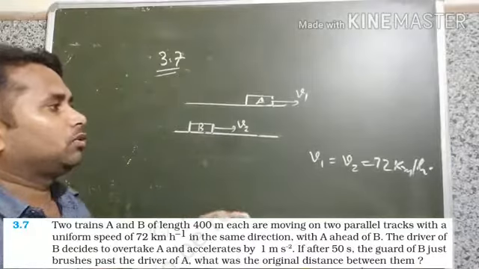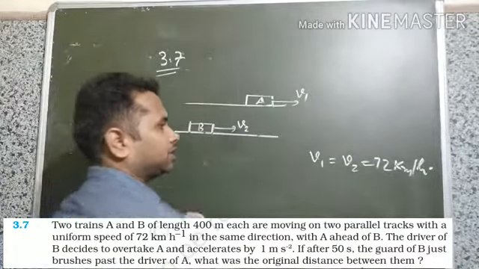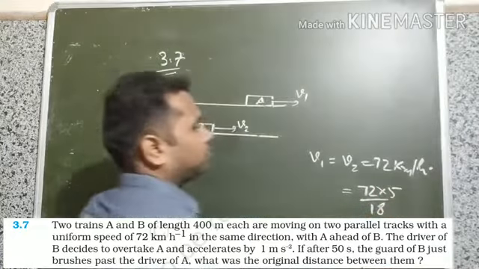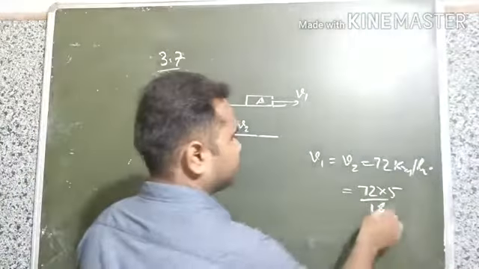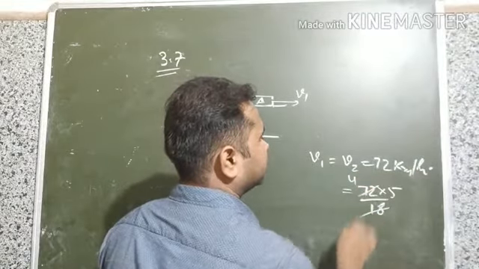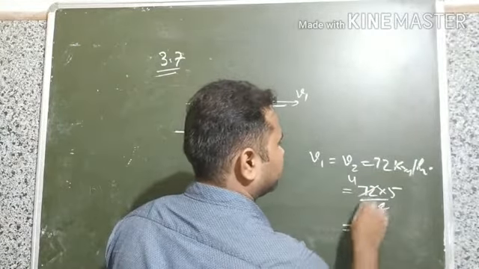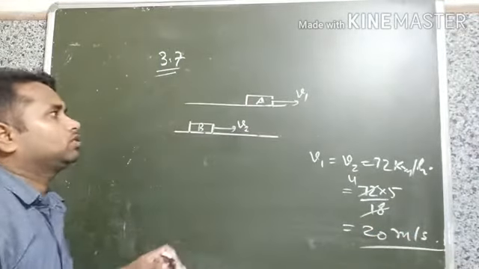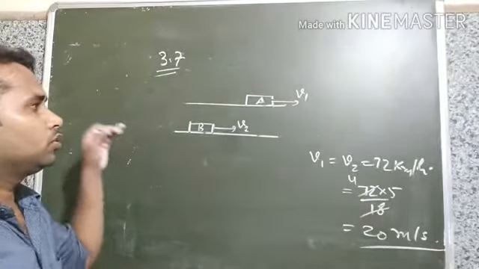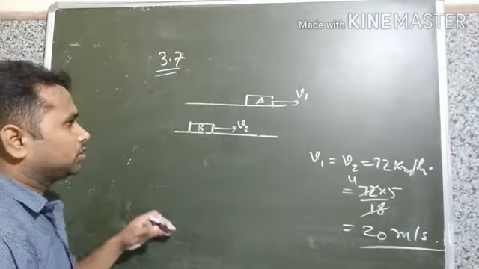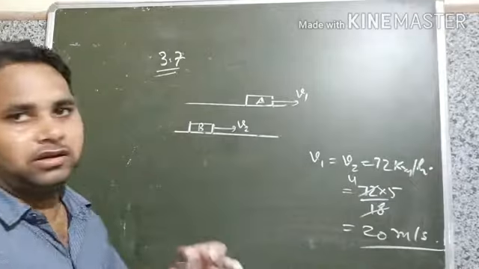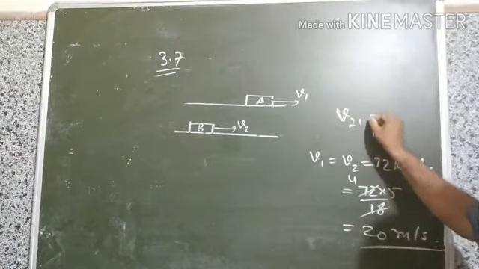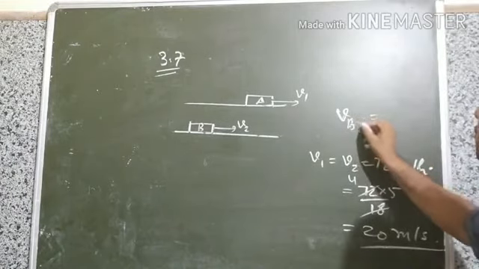You can convert this speed from kilometers per hour into meters per second. Multiply 72 by 5 by 18 to convert it into meters per second. 18 4s are 72, and 4 5s are 20 meters per second. So these are the velocities of trains A and B, both in the same direction. We have discussed two objects in relative motion. Then what is the relative velocity? V21, here it is VBA.